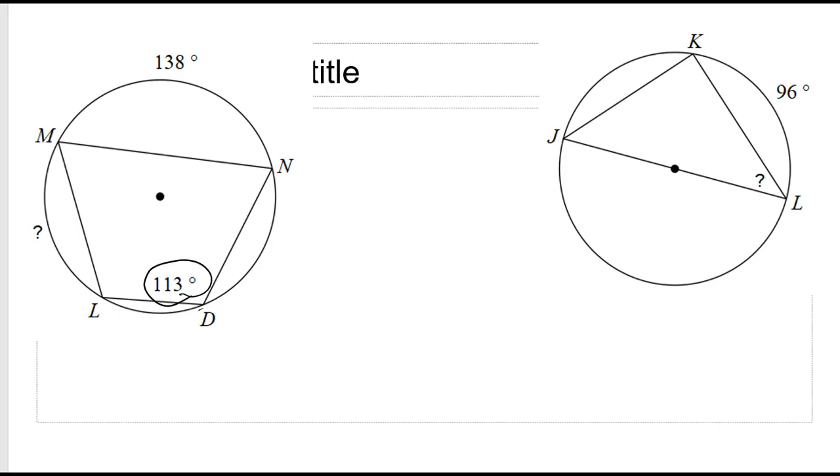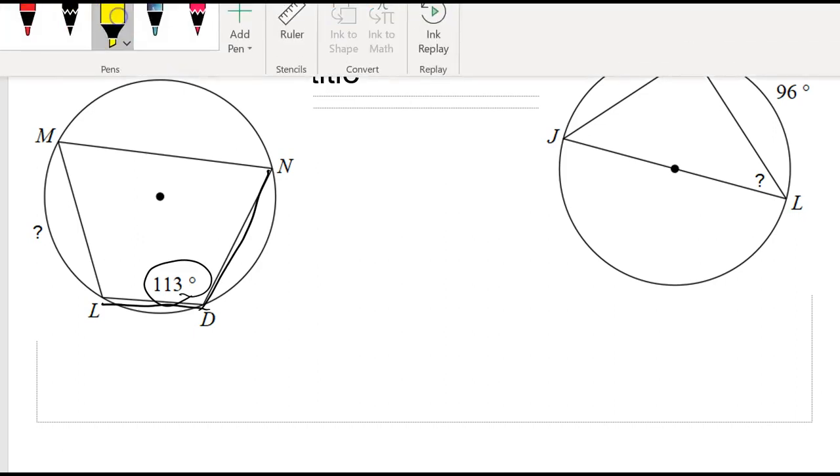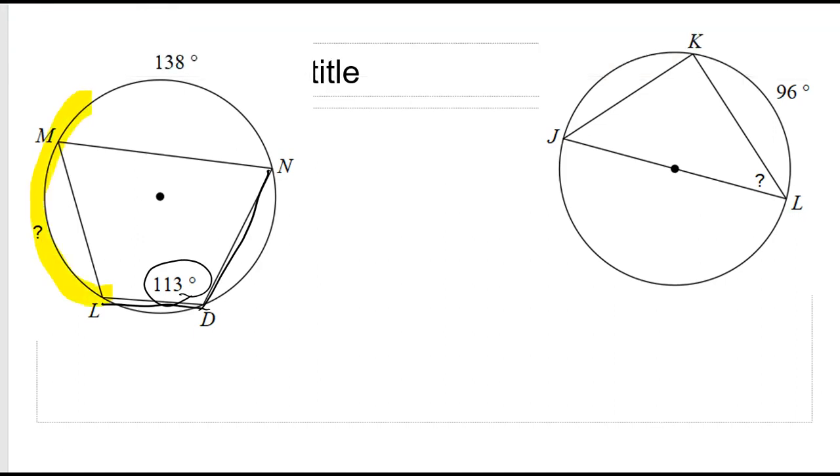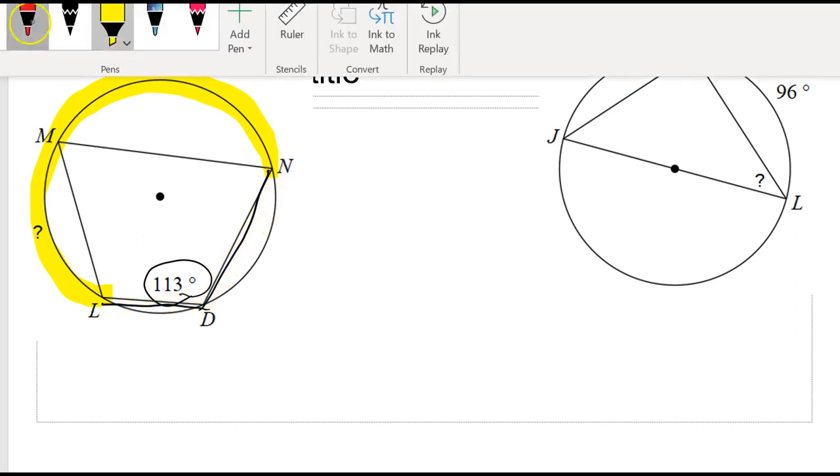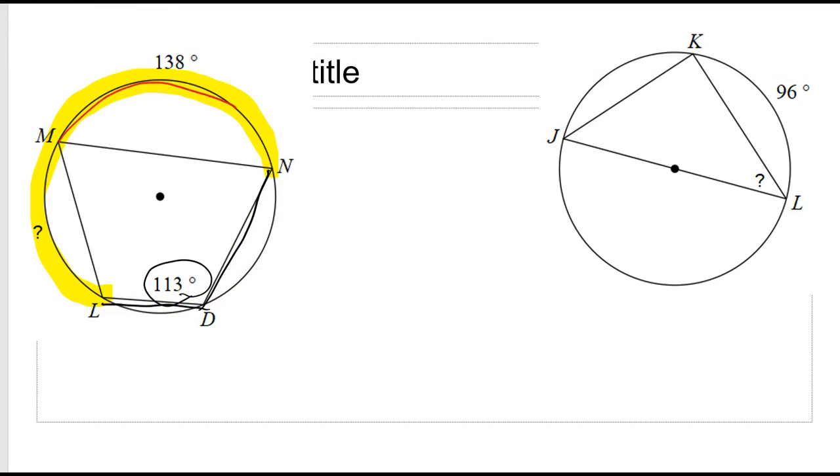If I follow these lines here and here, 113's intercepted arc goes from here all the way around. That's where 113 comes from. Right there, you can see that. But if you guys notice, I already know from here all the way to here.